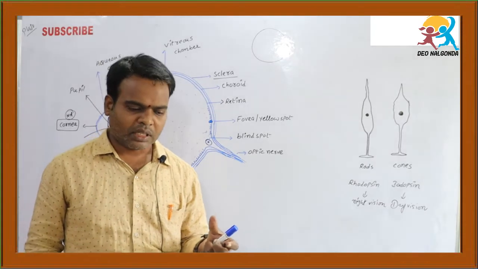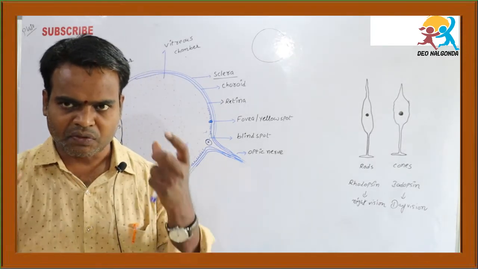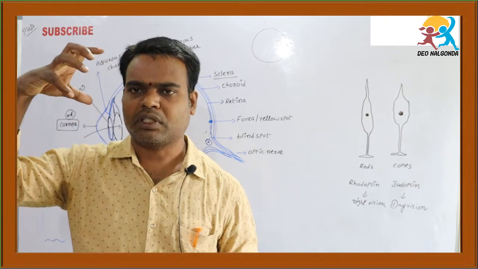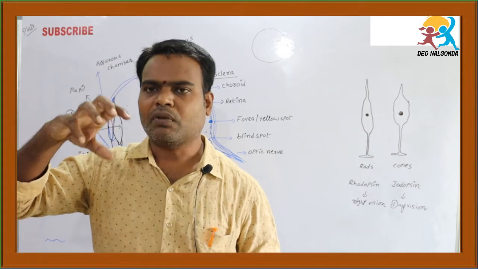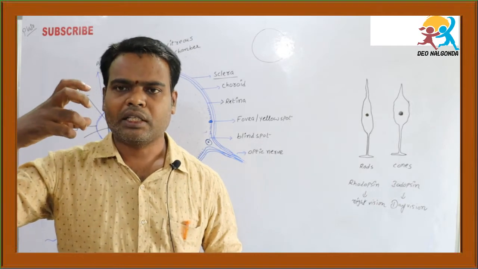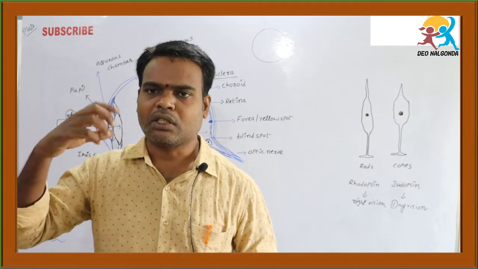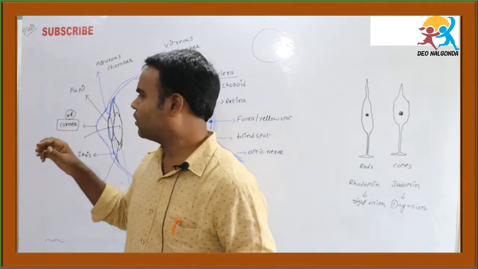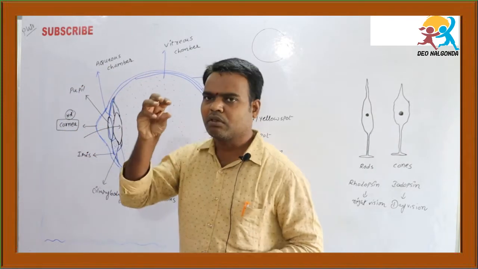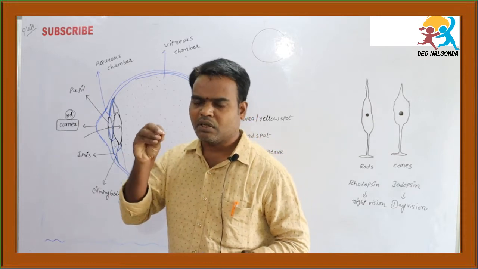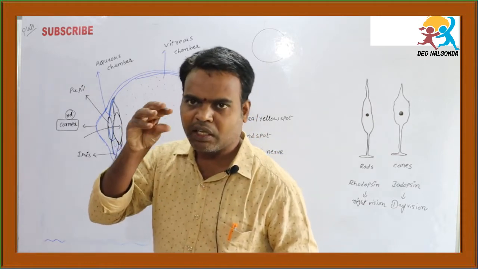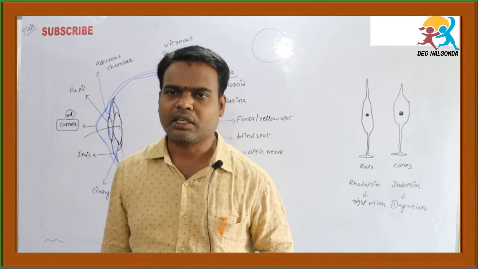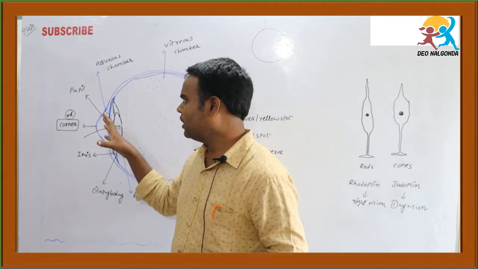We can't tolerate light suddenly falling on the eyeball, so we should not allow that light to enter our retina. That's why we try to close the eye, and automatically the pupil is closed. Otherwise, when you want to see things very clearly, you try to open the eyeball and focus on the things, and then the pupil increases its size.